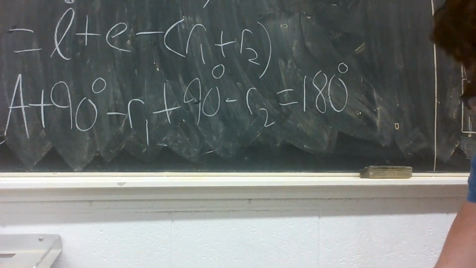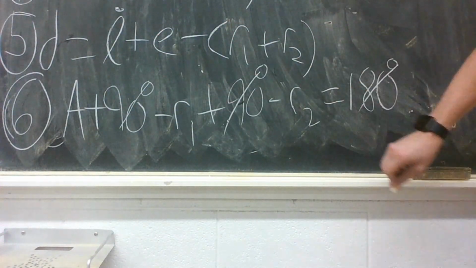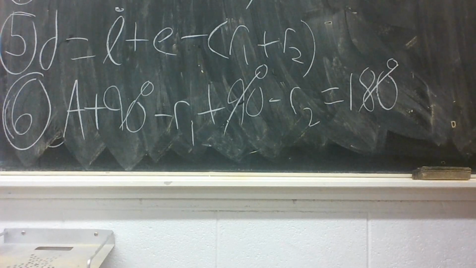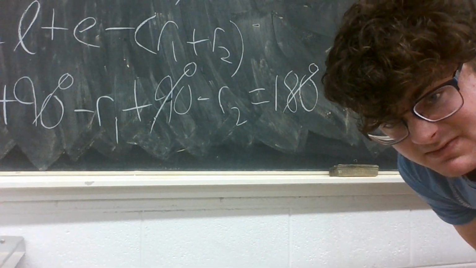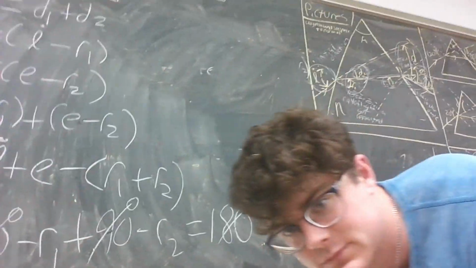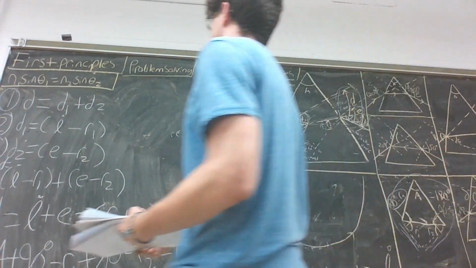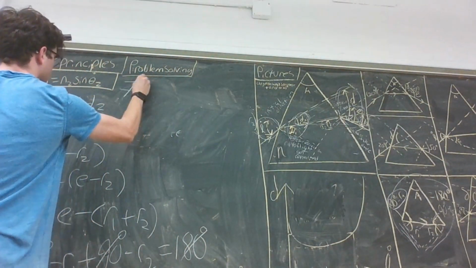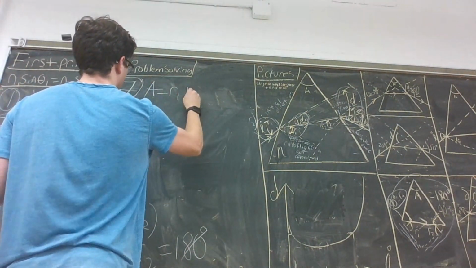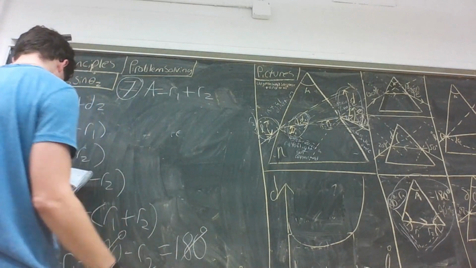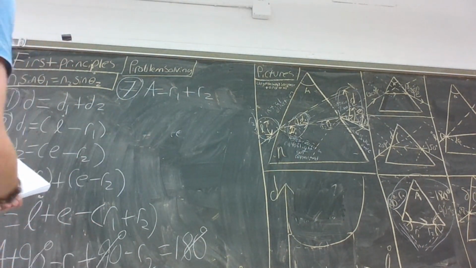We cancel out the 90s against the 180, and we're left with, up top on step 7, A is equal to R1 plus R2. Now we have what A is equal to, and we're very happy about that.